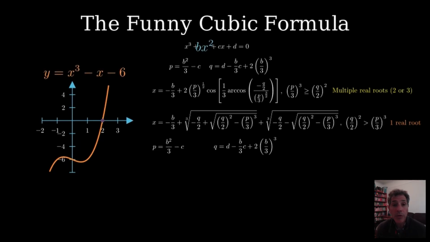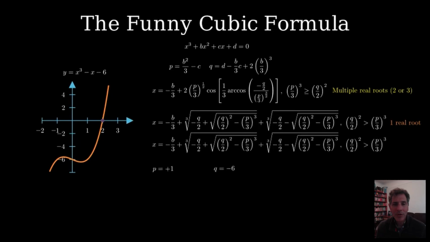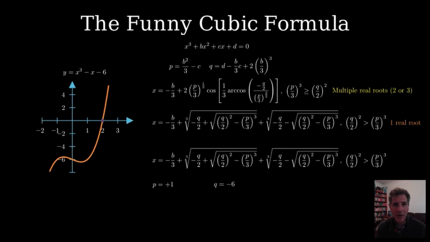Now b equals 0 in this new cubic equation because there is no x squared term. So we can get rid of most of the parts of the p and q expressions. When we substitute in what remains, we find that p equals 1 and q equals -6. Now remember I told you that this new cubic equation has q over 2 squared greater than p over 3 cubed.